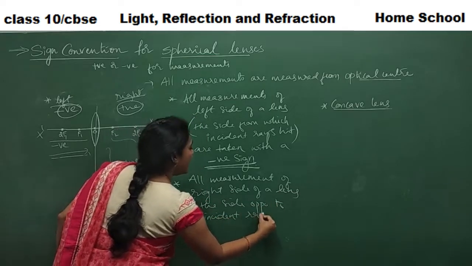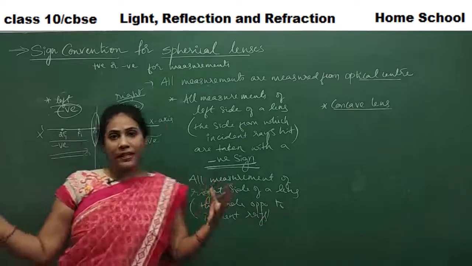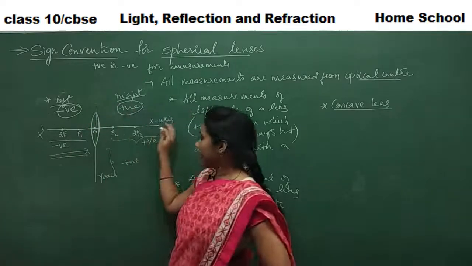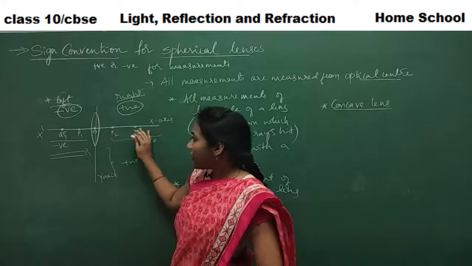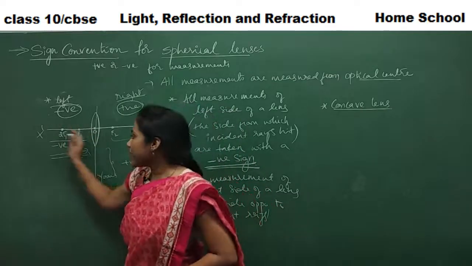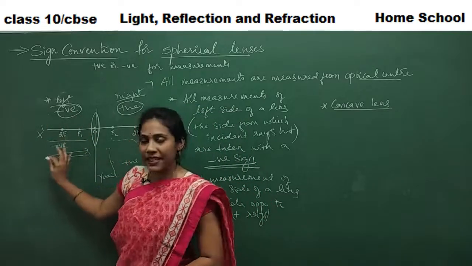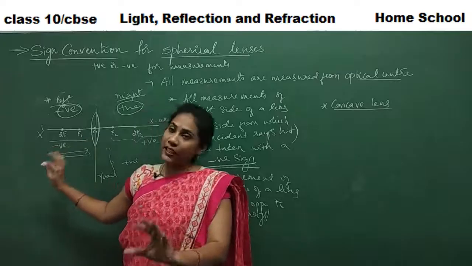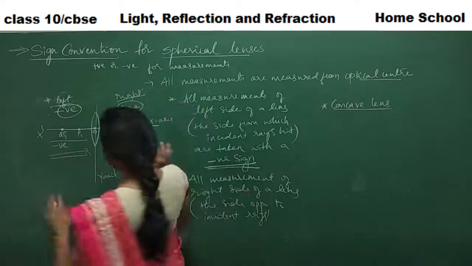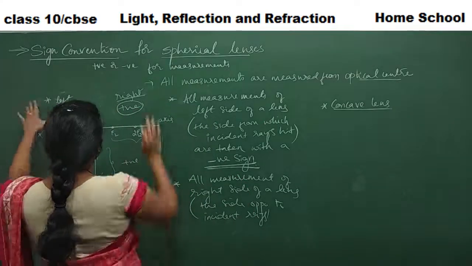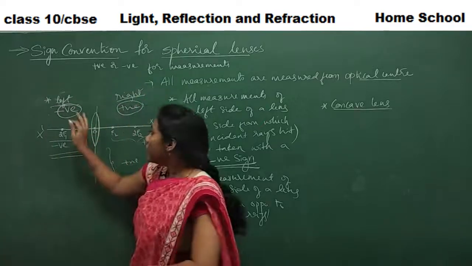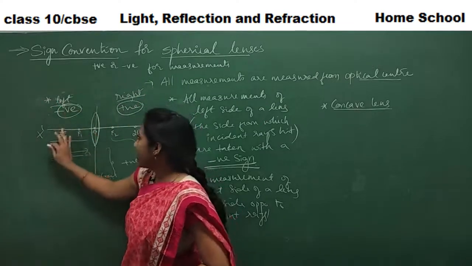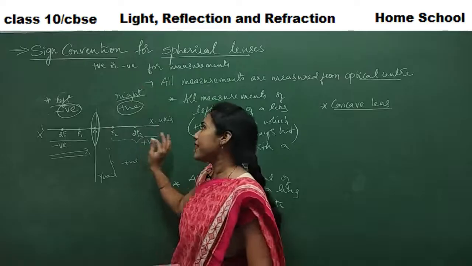Actually, the Cartesian way of remembering is best. This is your positive x-axis, so all measurements of this side are positive, this is the negative x-axis, all measurements of this side are negative. If you feel it is difficult to remember that, if you stand like this, this is your left side, this is your right side, right? So all measurements of the left side are negative, all measurements of the right side are positive.